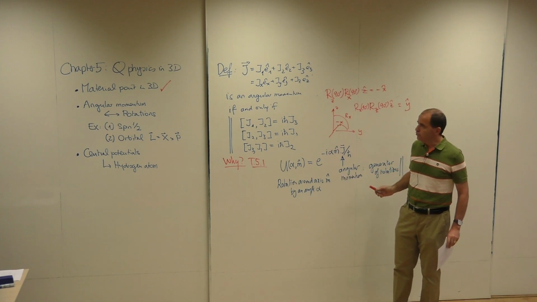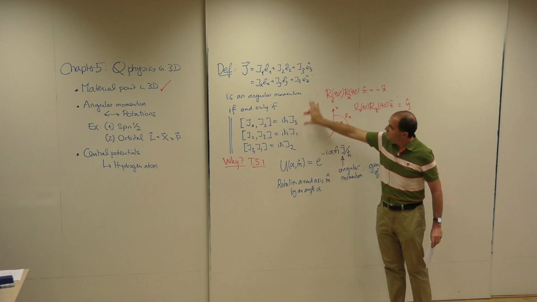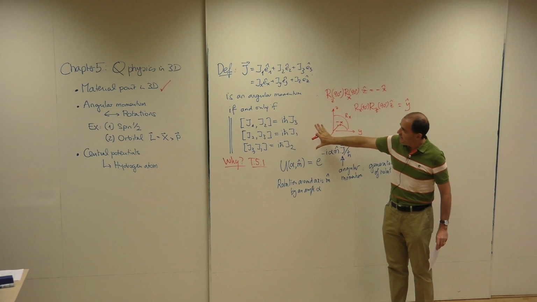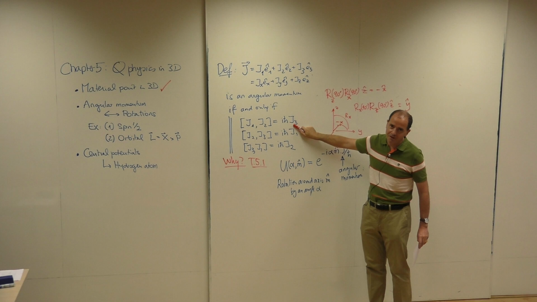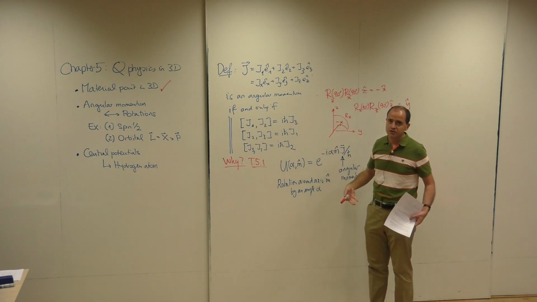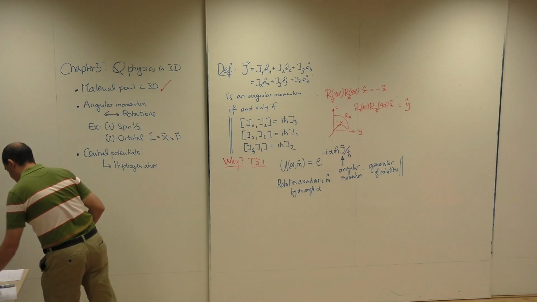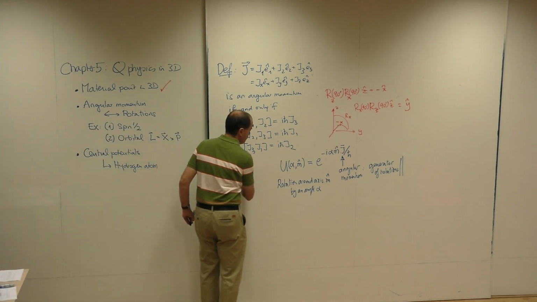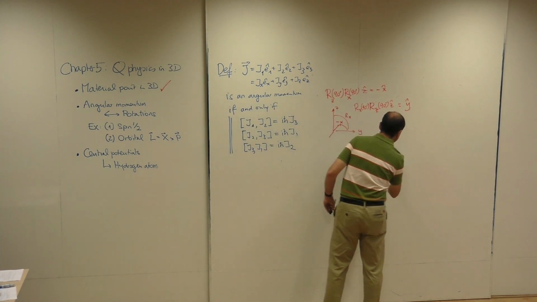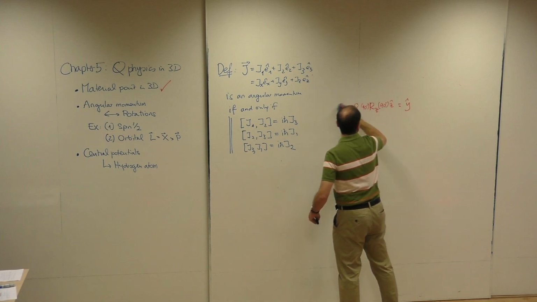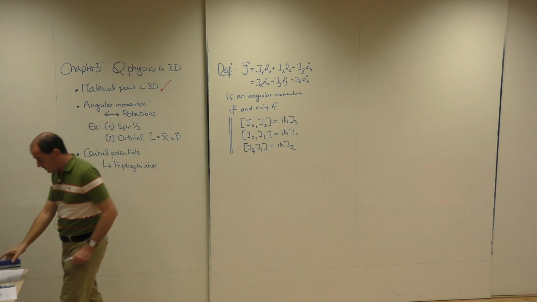Now what we're going to do is take this definition seriously and study this operator J in detail, again in general, for any J. This can be 2 by 2 matrices, 3 by 3 matrices, 4 by 4 matrices, or infinite dimensional objects. Okay, so what do we do here?